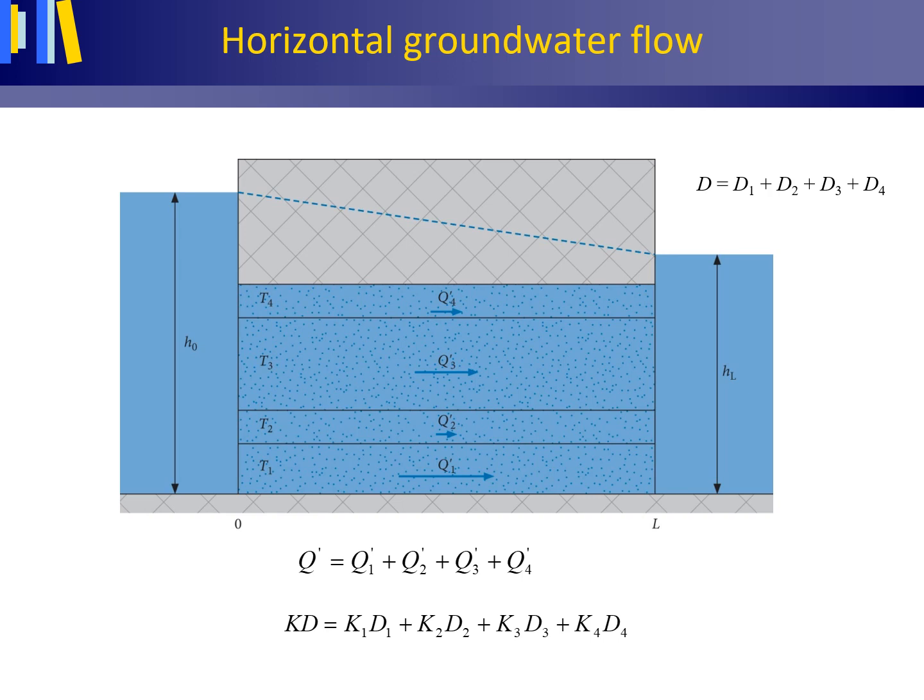What do we need to know? For steady horizontal groundwater flow, the volume fluxes per unit width, Q with a prime, of horizontal homogeneous layers may be added up. As a consequence, as the hydraulic gradient is the same for all layers, the Kd values or transmissivities T may be added up.